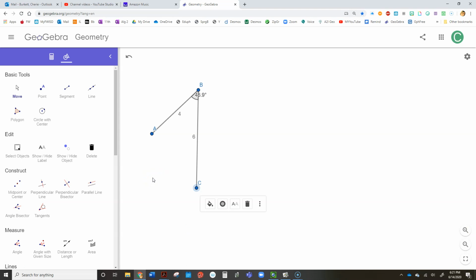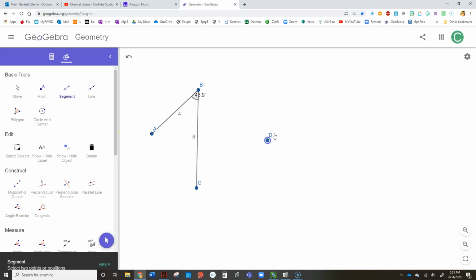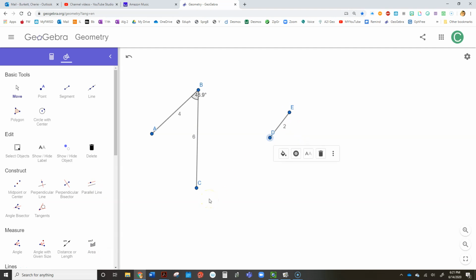Okay, so now it says do the same thing. We want D, E, so I'm going to do another segment, DE, and they want DE to be 2. So I need to measure it and see how long it is. Oh, it's not close, not far. So DE just needs to be 2. Okay, there's DE to be 2.